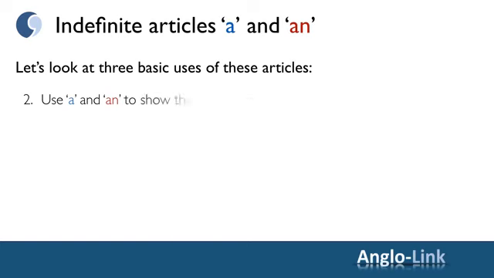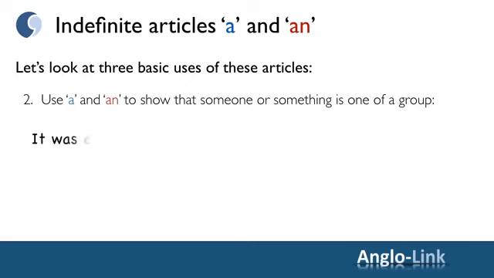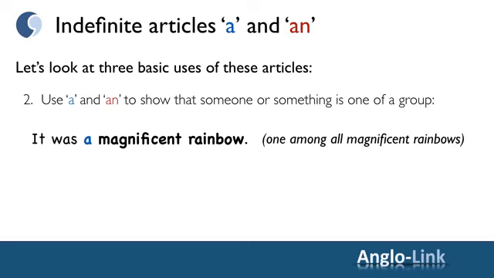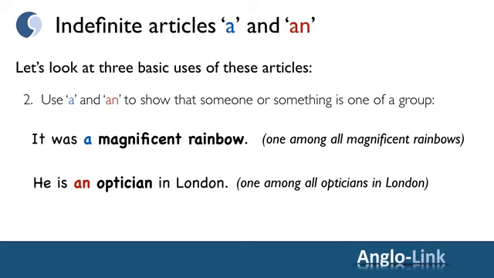Secondly, use a and an to show that someone or something is one of a group. For example, it was a magnificent rainbow. One among all magnificent rainbows. He's an optician in London. One among all opticians in London.